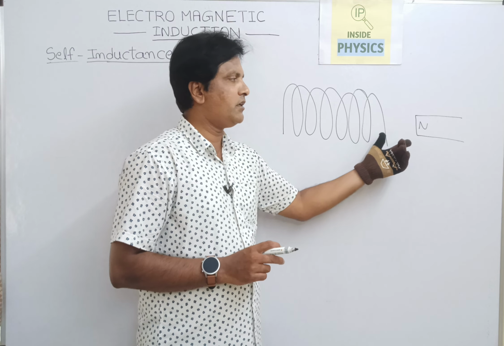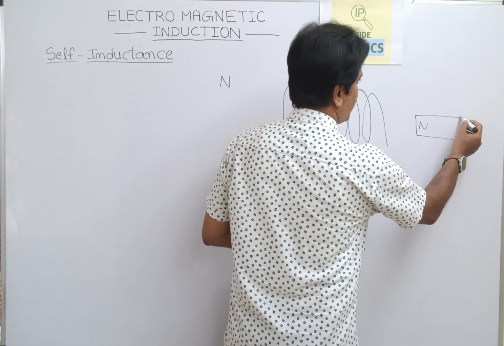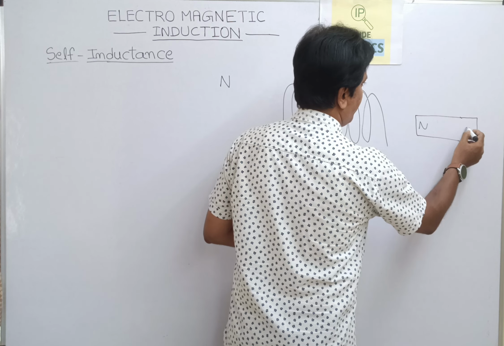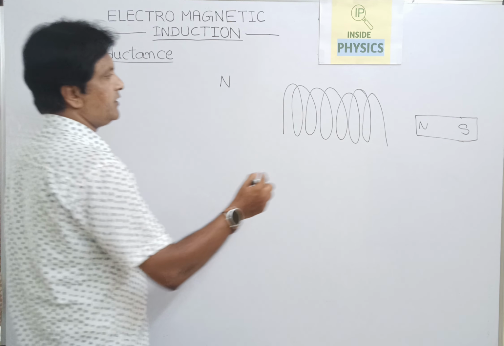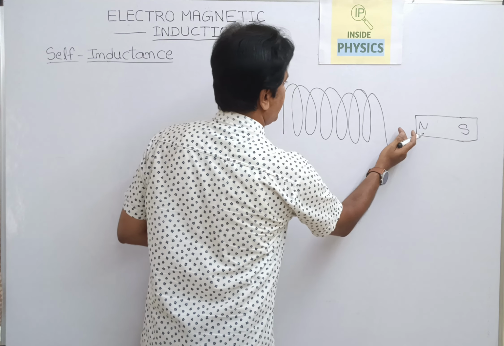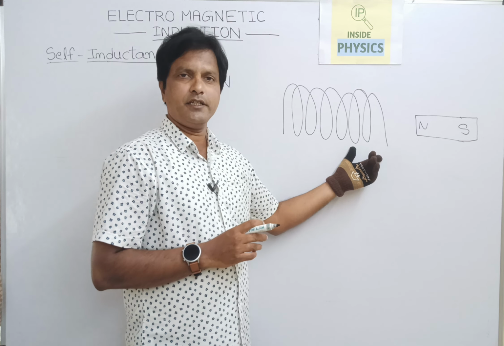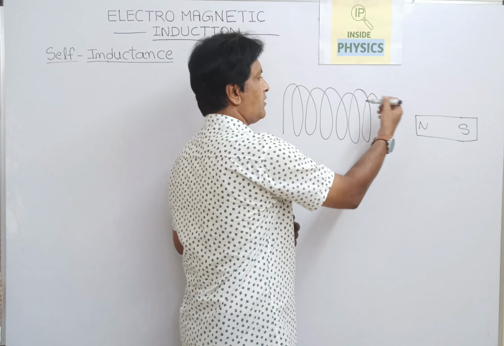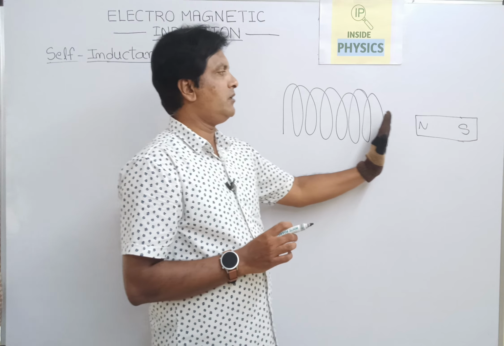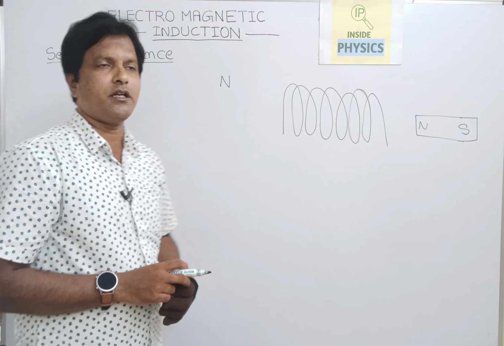Unless we move the north pole or south pole of a magnet, we cannot have the varying magnetic field. So when it is moving towards the coil, it will be inducing an EMF. That means the current will be counterclockwise to oppose the movement of magnetic flux, according to Lenz's law.